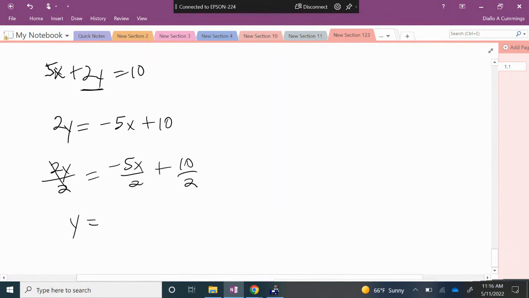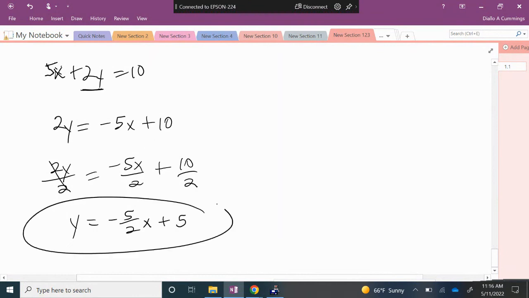On the left-hand side, the 2's are going to cancel. On the right-hand side, I'm left with negative 5/2 x, and 10 divided by 2 is 5. So we have expressed the equation in terms of x.